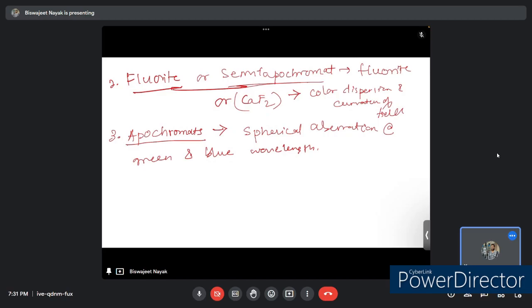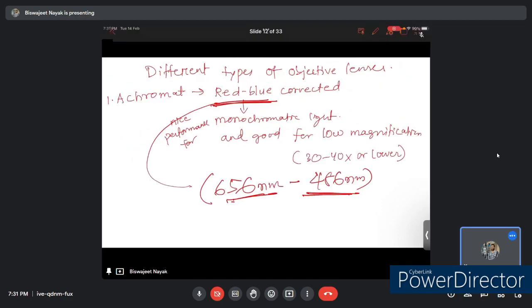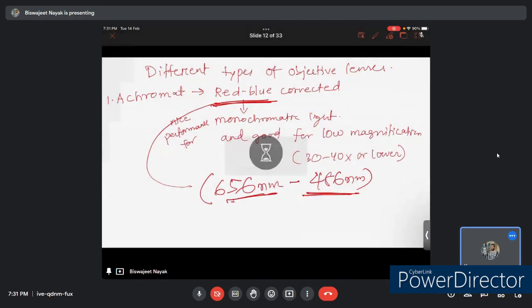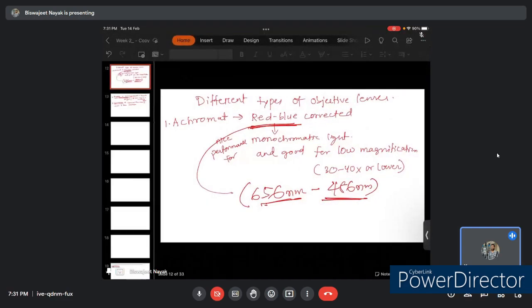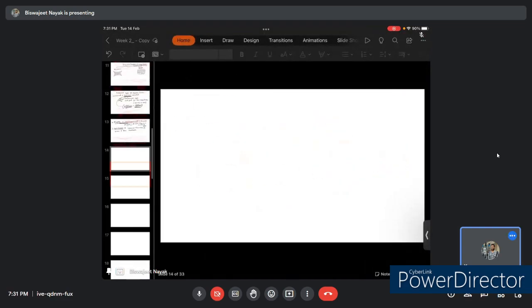So the next, like we use different kinds of objectives, we also have different kinds of eyepieces too.